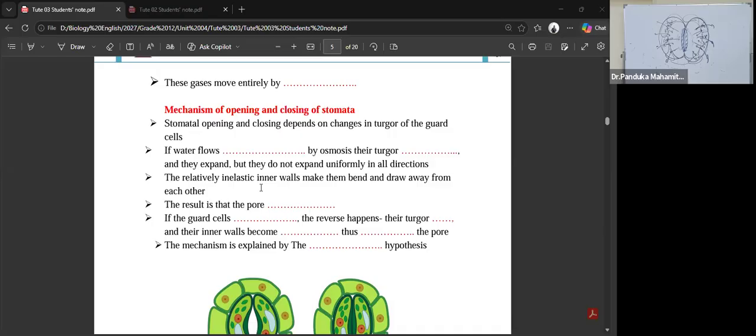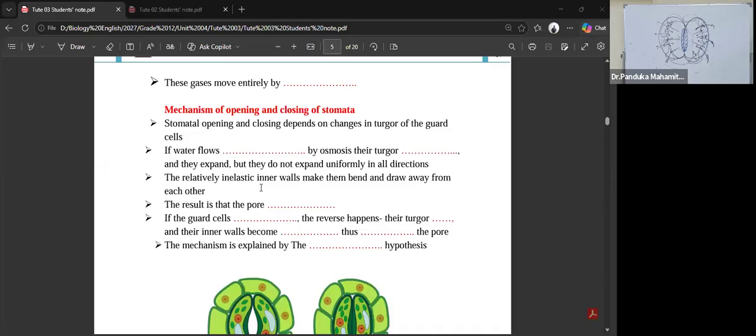When water is absorbed into the cell by osmosis, their turgidity also increases, and they expand, but they do not expand uniformly in all directions. Why? Because the outer wall is thinner, and the inner wall is thicker and non-elastic.